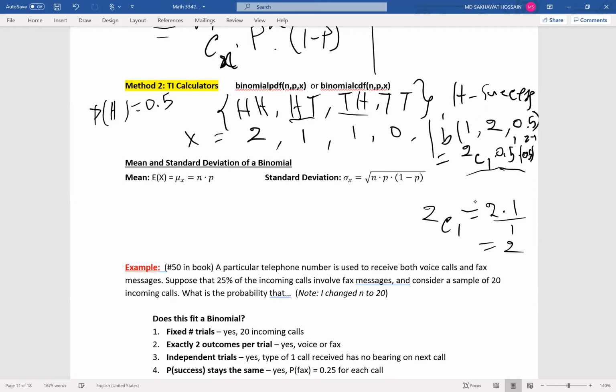And this is the probability for each outcome of getting a head, the probability for this one, or also for this one, times how many ways you can get one head. That's why we are multiplying with this number. Okay, is it clear, or do you have any questions?